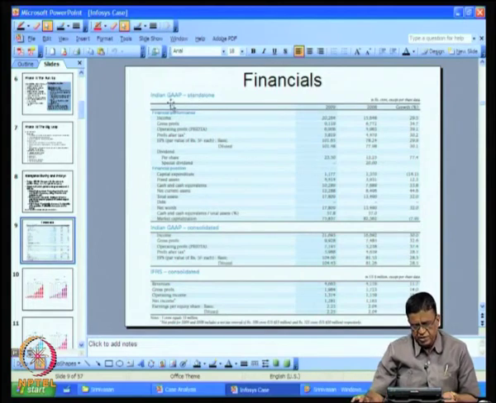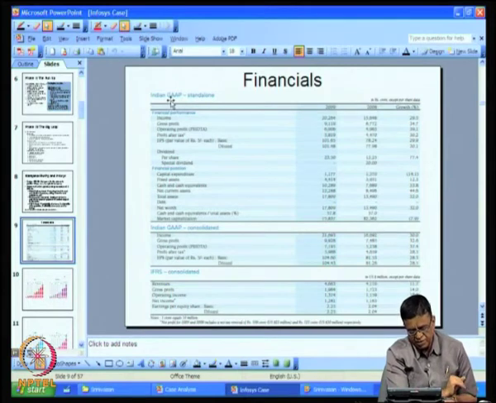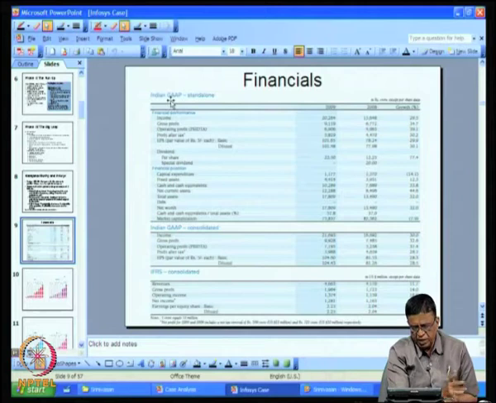If you look at Infosys, it gives you, according to the accounting practices followed in India, the financial ratios or the financial indicators which we discussed in great detail in the last few classes. It also gives you the financials as per the American accounting standards.